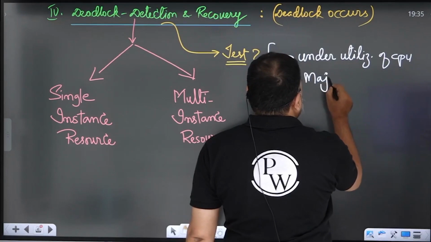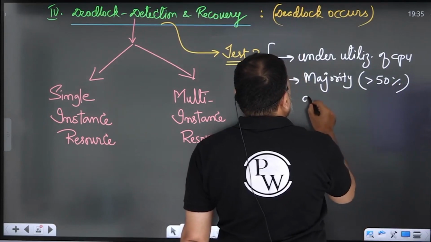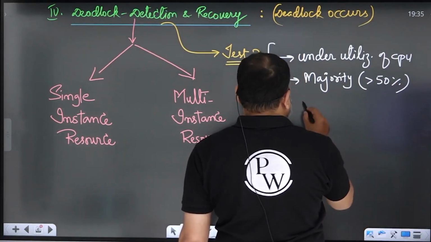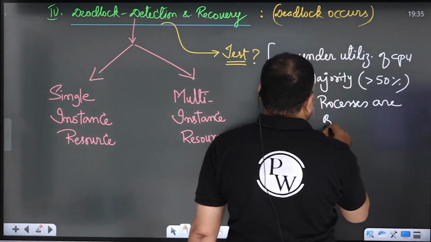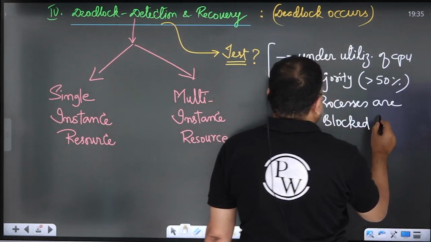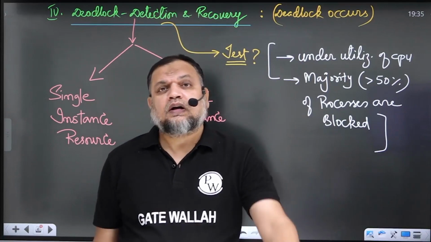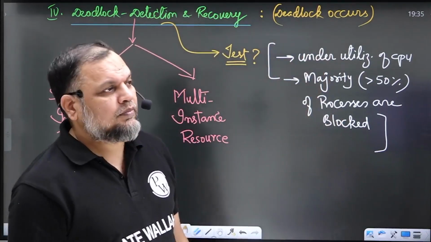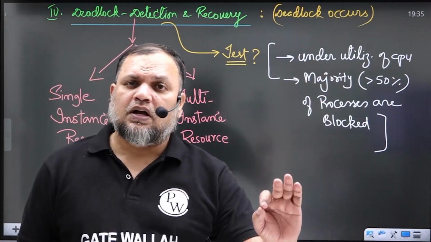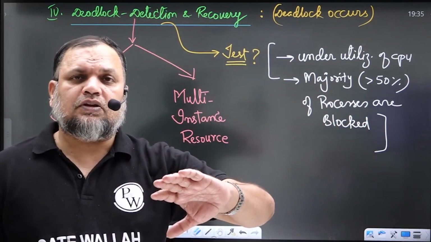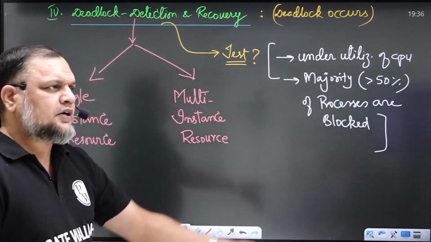Another symptom: the majority of processes, meaning greater than 50%, are blocked. Why? Because when deadlock happens, processes get blocked. That's a symptom that there may be a deadlock. So, boys and girls, these two major symptoms, processes getting blocked and CPU utilization drastically coming down, are a clear indication that the system might be in deadlock. So we activate the test.